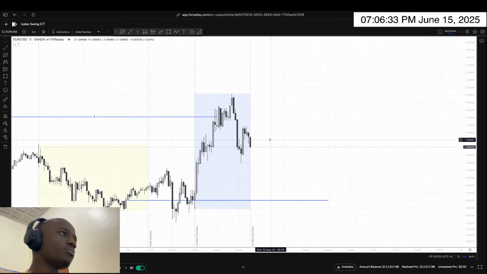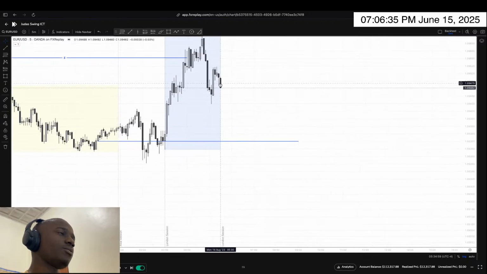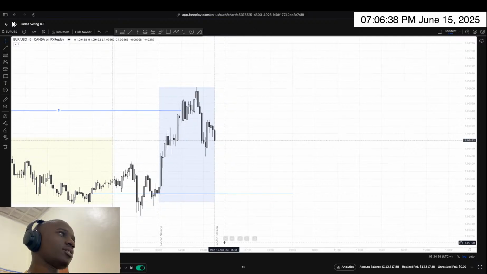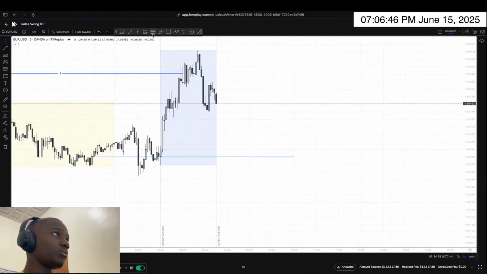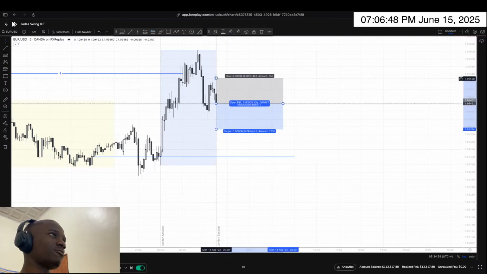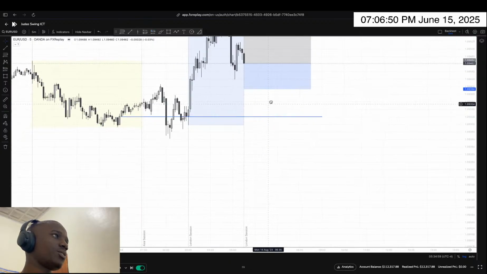So as London is still playing, maybe New York might expand to the downside, as this will be the first false move, push to the upside, and then New York drops. So I would like to have my trade within this range.